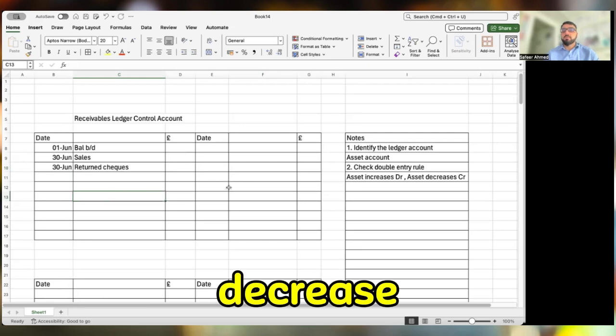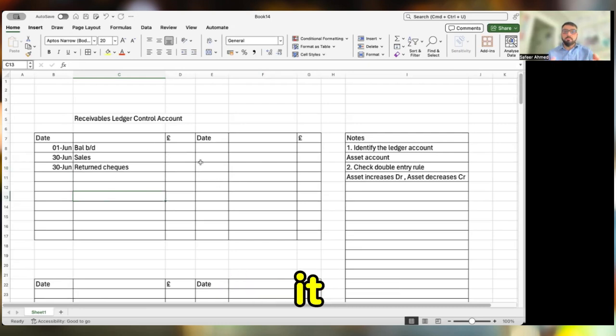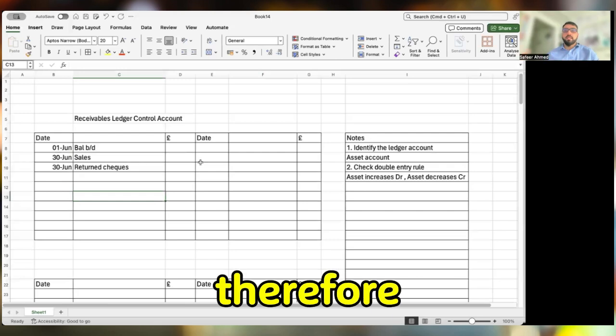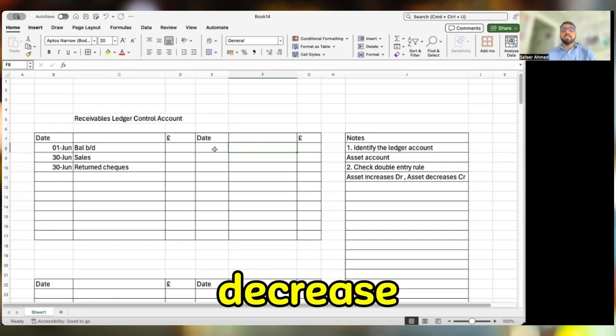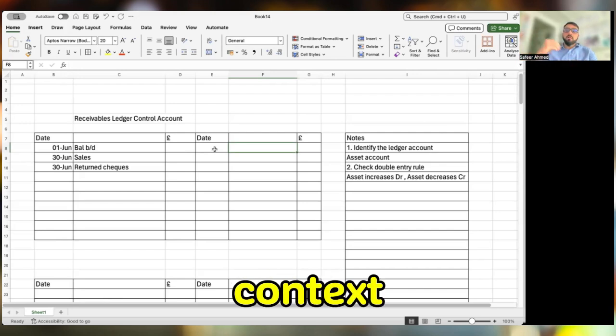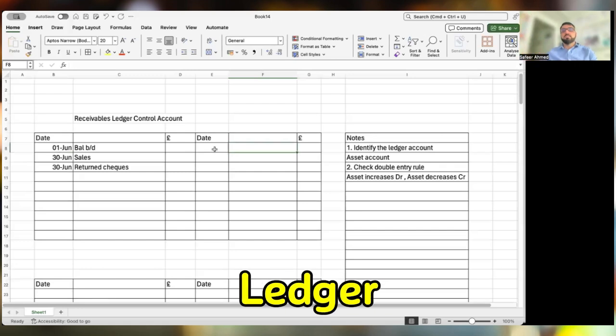Now, what will decrease it? It will go on the credit side. Remember, it's an asset account, and therefore any decrease in an asset will go on the credit side. If your customer pays you money, then the money they owe to the business will decrease. Please do not think about the bank context here, because yes, bank will increase, but that's a separate ledger account.